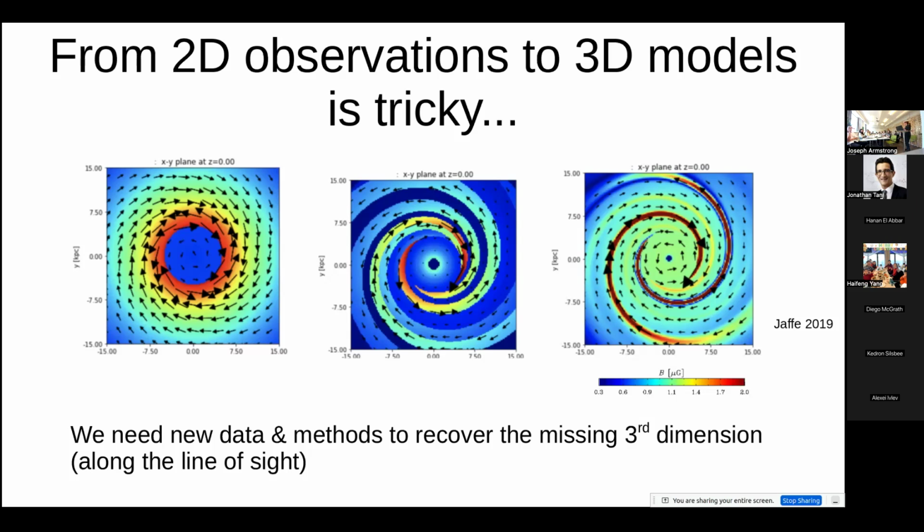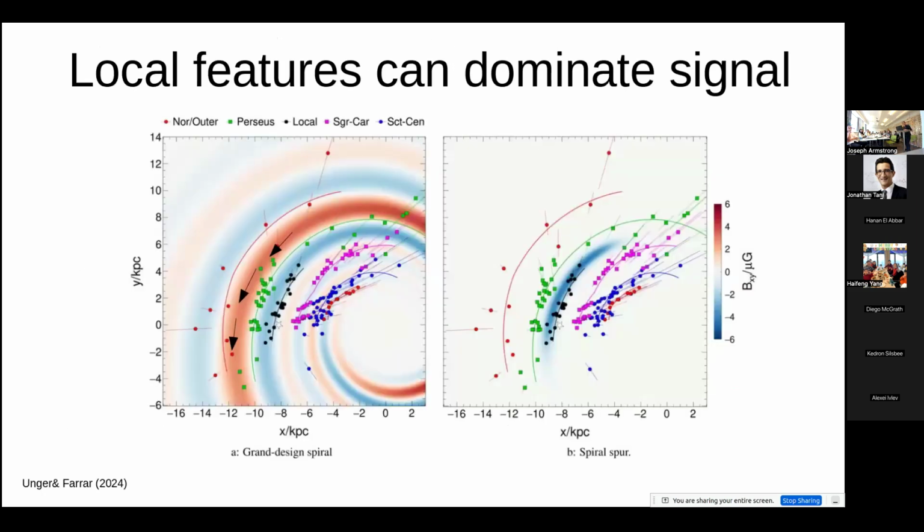The situation isn't great, but we can move forward and we can do better things. One of the most recent works that highlights this problem is the work by Unger and Farrar that I'm showing you here. And what the authors did was they took their default model, which is on the left. Again, this is a projection of the midplane.